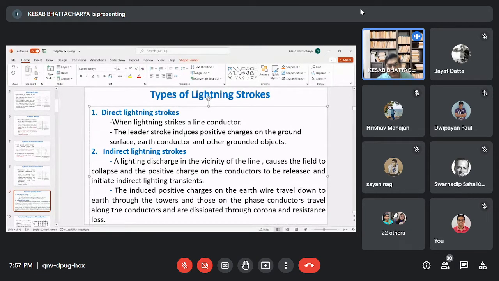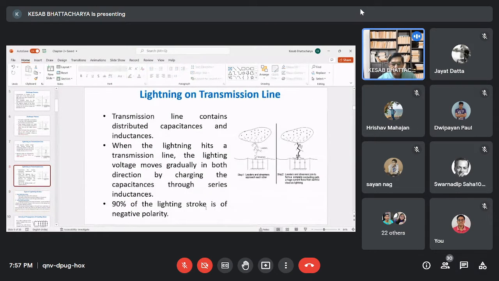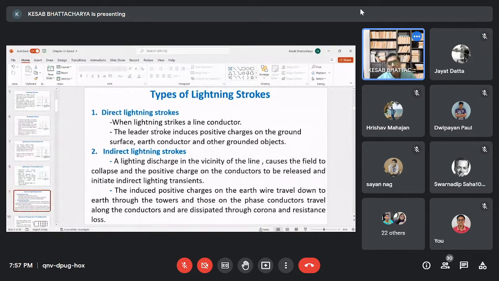We have just now seen that 90% of the lightning strokes are of negative polarity. Also, in the lower part of the cloud, there is concentration of negative charges.